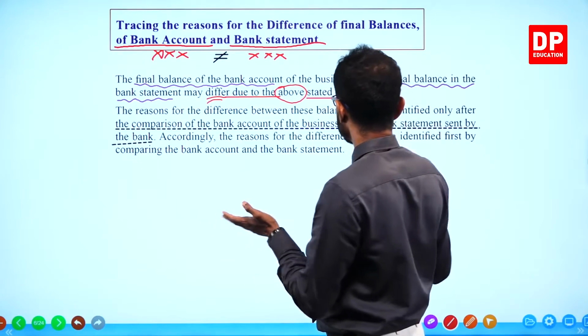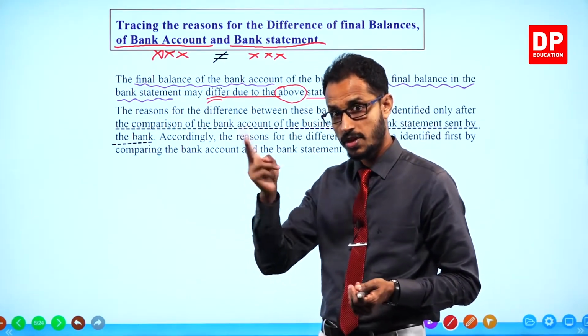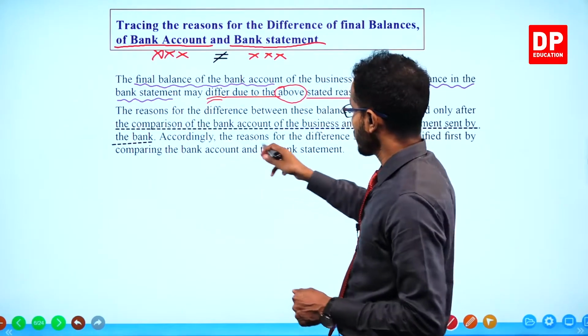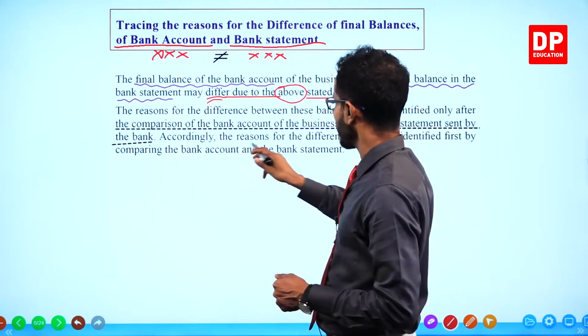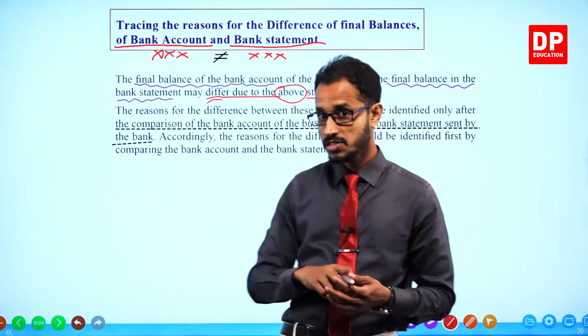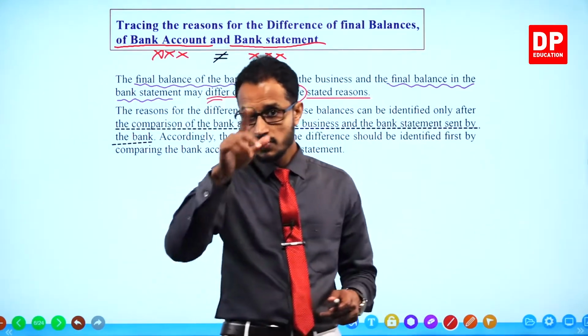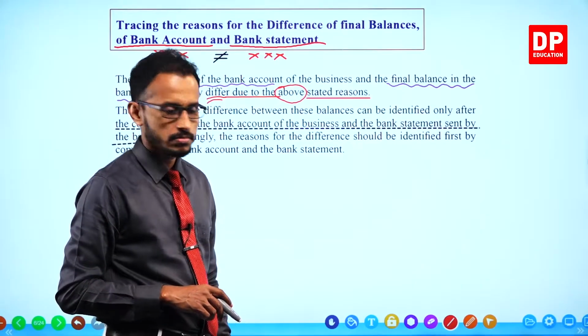The reasons should be traced out by comparing these two. Accordingly, the reasons for the difference should be identified first by comparing the bank account and the bank statement. Okay, first let's compare. But before that, I'm going to tell you one thing.